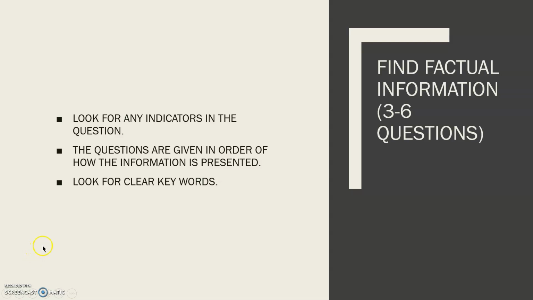Then we have find factual information. For factual information we are always going to have 3 to 6 questions. In this part, we're going to look for ending indicators in the questions, like according to paragraph number 2, or paragraph 4 states that, or what is stated in paragraph 3 about something else.